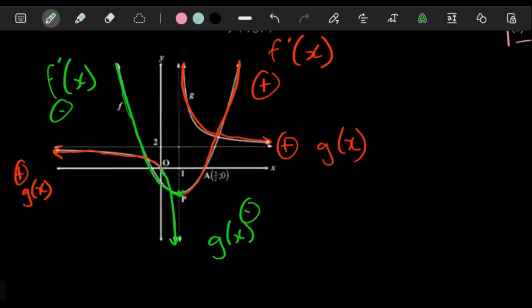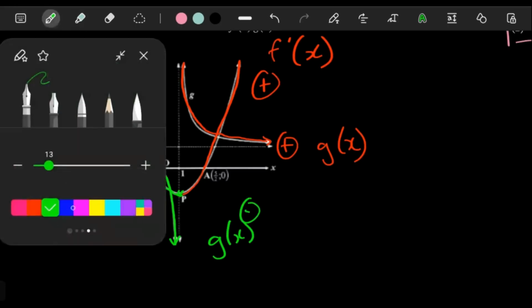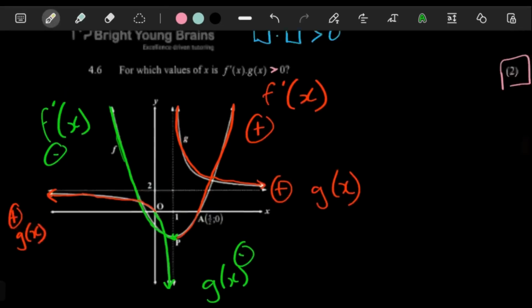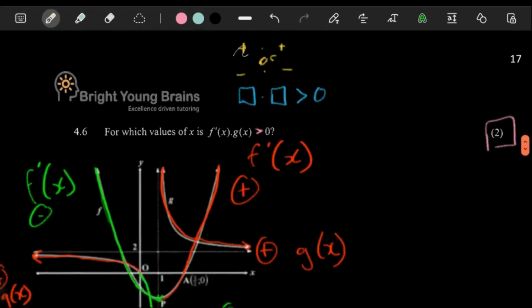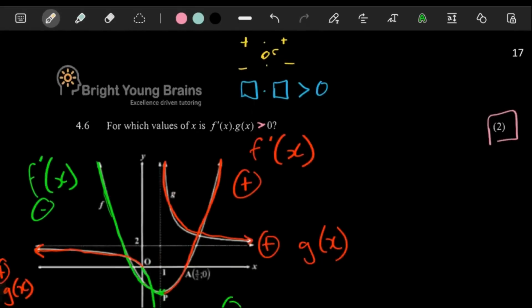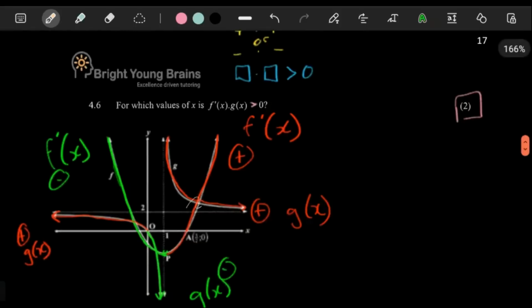So with us knowing all that, let us do the following. Let's now look for cases where they are both positives and where they are both negatives. So clearly they are both positives from where x is a positive 1 going to infinity, because that's the section where they are both red anyway.